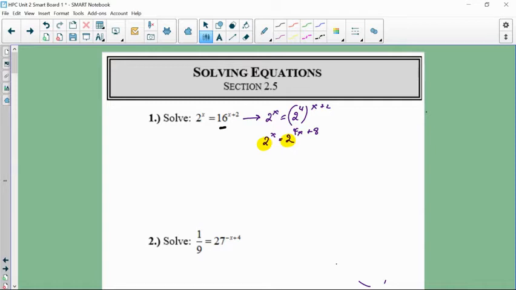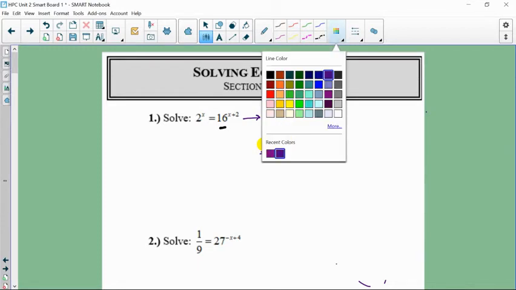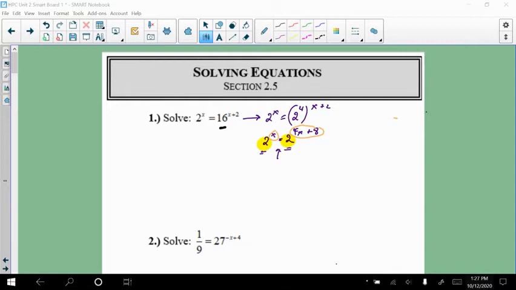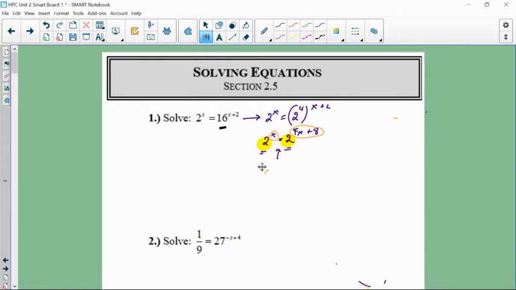You're just realizing that if this is a base 2 and this is a base 2 and it's an equal statement, then the exponents must also be equal to each other in order to maintain that equal statement. So then I could just come right down and say x equals 4x plus 8. And then we can subtract to solve for x. Negative 3x equals 8. So x equals negative 8/3.